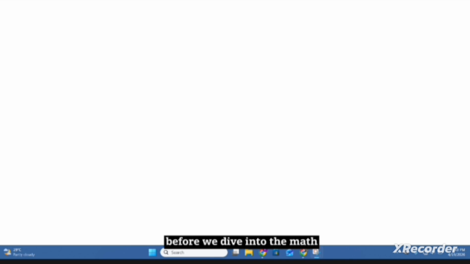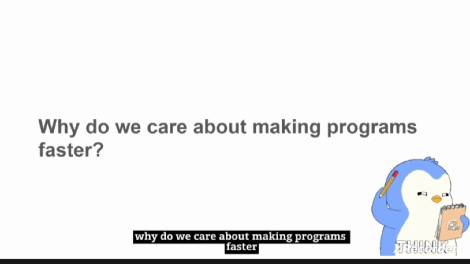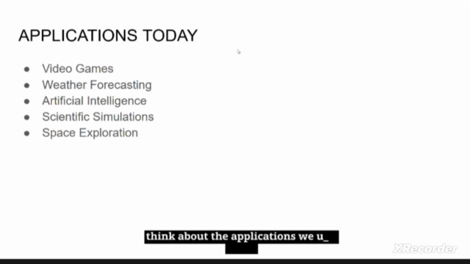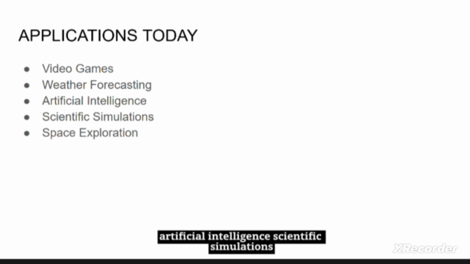Before we dive into the math, let's ask a simple question. Why do we care about making programs faster? Think about the applications we use today. Video games, weather forecasting, artificial intelligence, scientific simulations, space exploration. These systems process huge amounts of data.